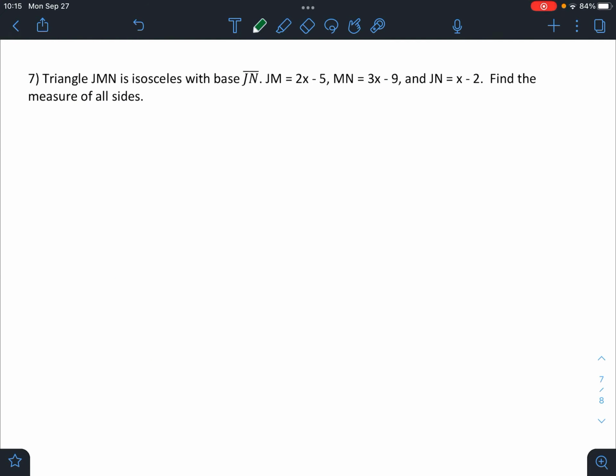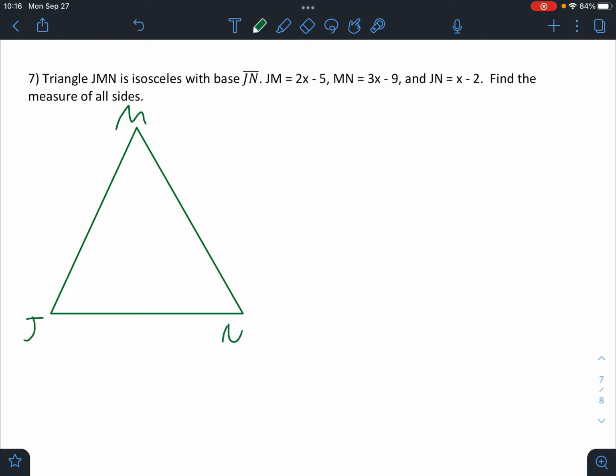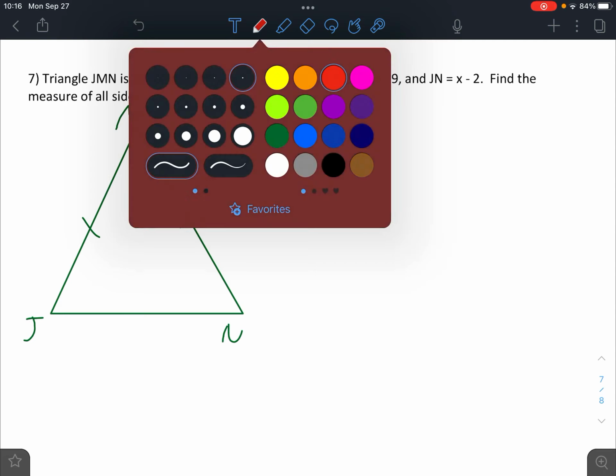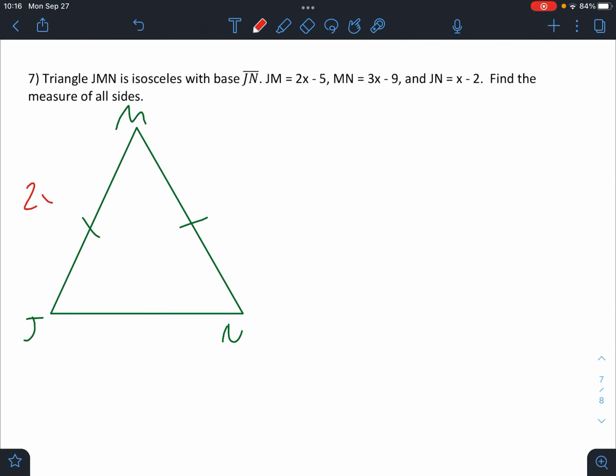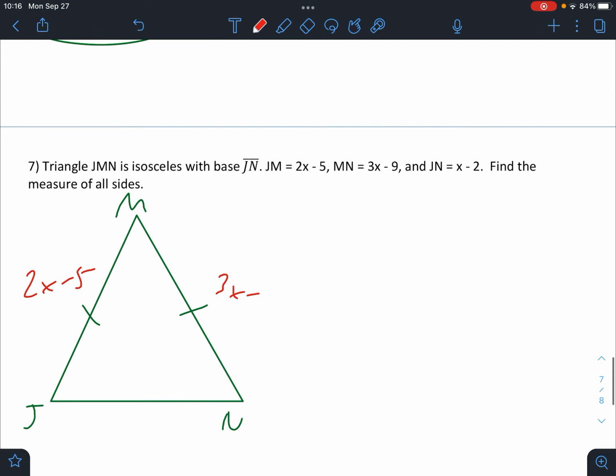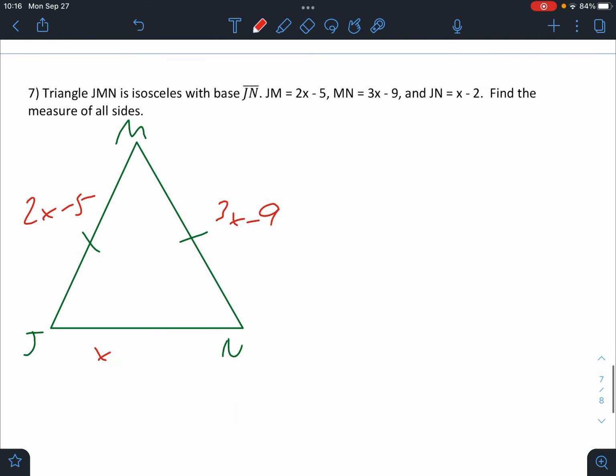Number 7, triangle JMN is isosceles with base JN. So if we were to draw this picture here, JN is the base, and that tells you, very importantly, what 2 sides are equal. If JN is the base, that means this is your vertex angle, which means these 2 are equal. So now, why does it help us? Well, JM is 2x minus 5, MN is 3x minus 9, and JN is x minus 2.